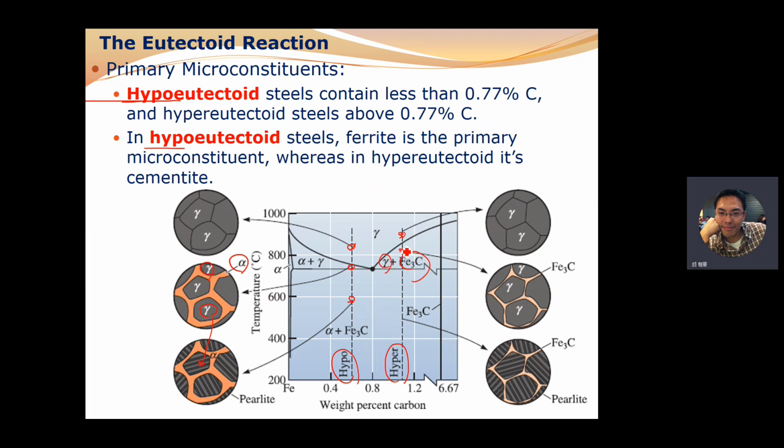If we keep cooling down, the microconstituent will convert to what? Convert to alpha and the cementite, right? Alpha and the cementite. Like this. So you can tell the difference between this structure and this structure, right?